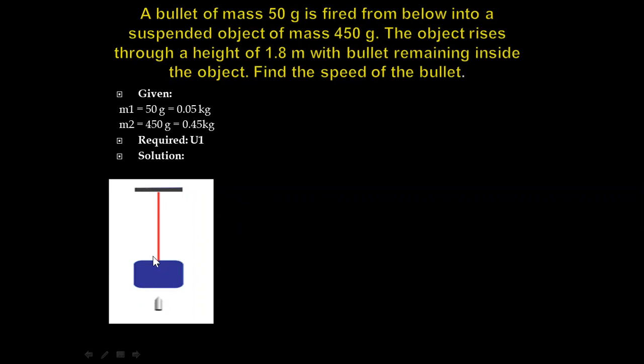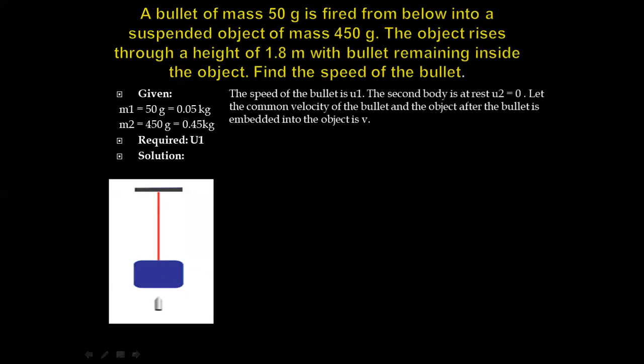The problem requires us to solve for the speed of the bullet prior to hitting the suspended object, or the initial velocity of the bullet, u1. The second body is at rest, or u2 is equal to 0. Let the common velocity of the bullet and the object after the bullet is embedded into the object be v.